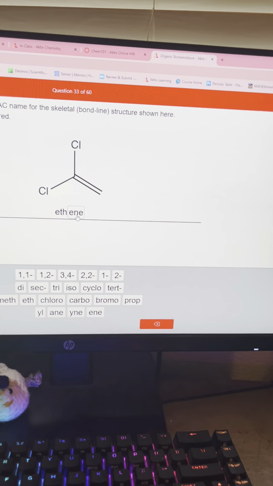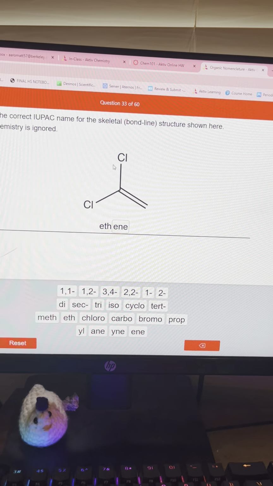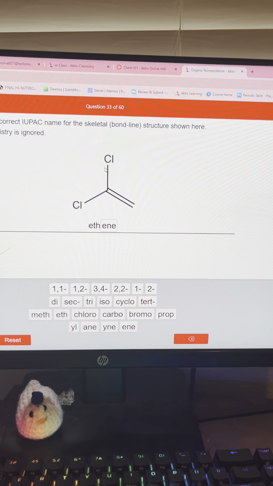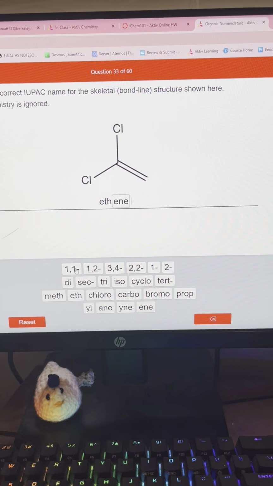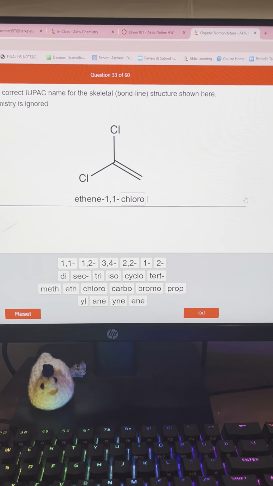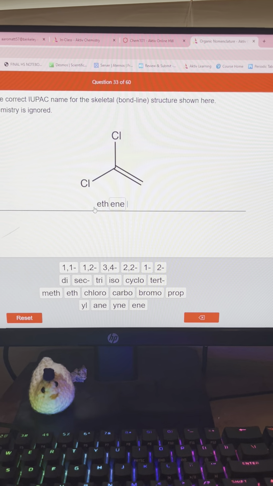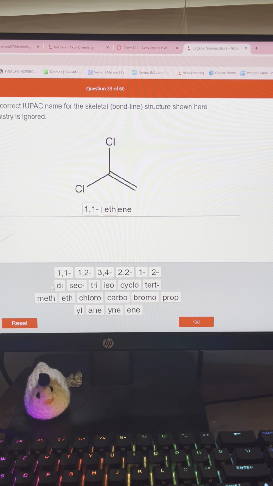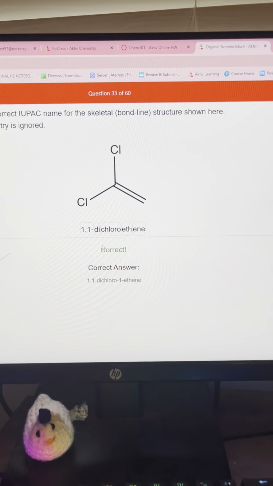And then we have 2 chloros. So both of our chloros are at 1, technically. So we can put 1,1 chloro. Do you need the dichloro? Oh, wait, this should be the di in front. 1,1 dichloro. Yeah, just like that.